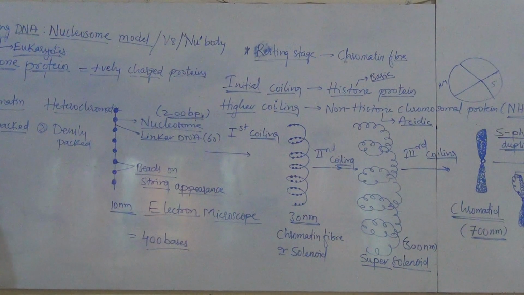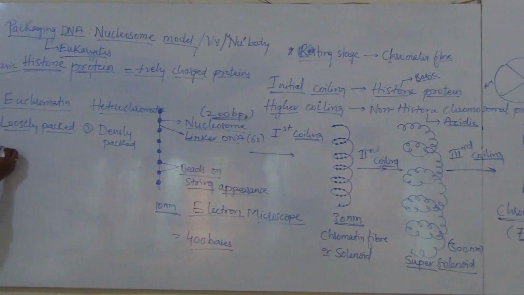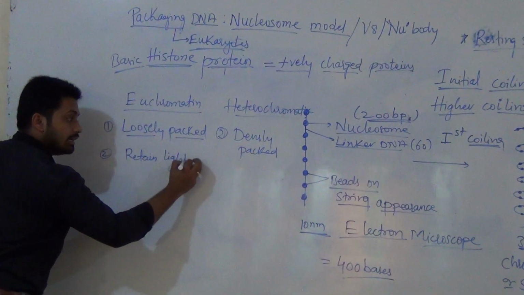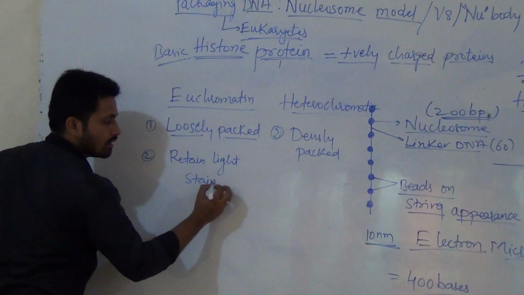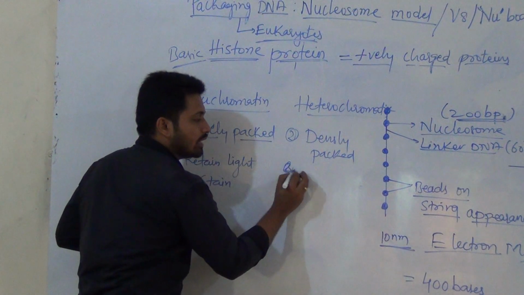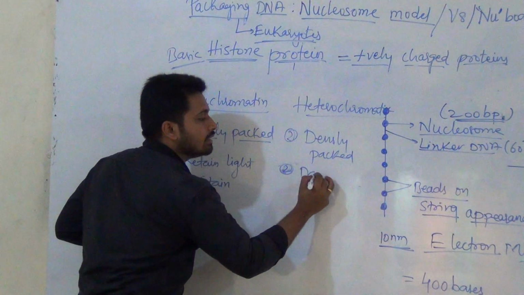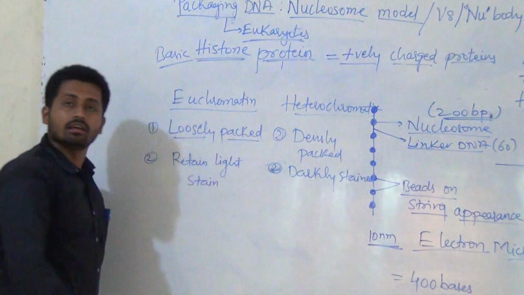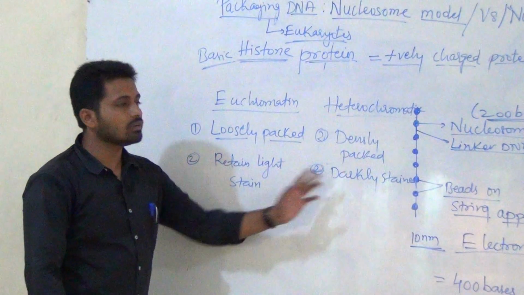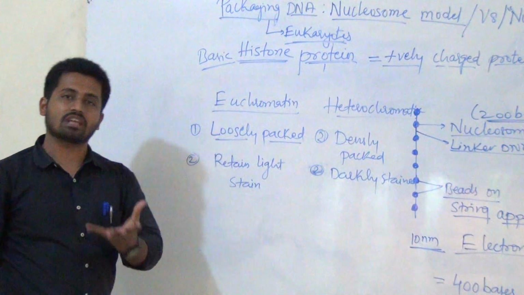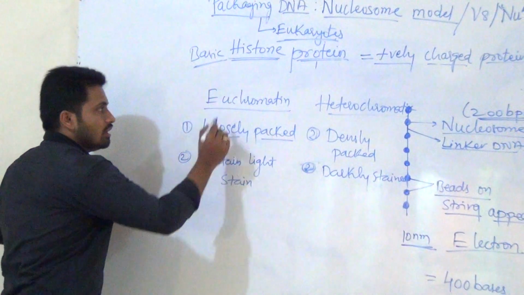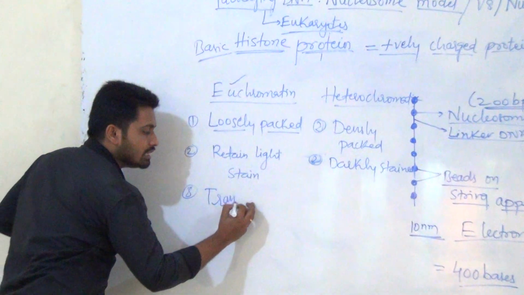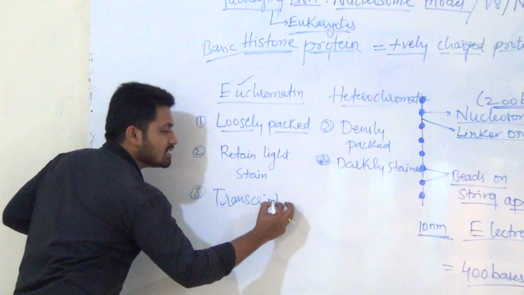Now, when you stain here, will it retain dark or light stain? It retains light stain. But when you stain this one, it will get darkly stained. Because thickening is there, it will appear dark because it retains more stain. Then third, since it is loosely coiled, it is transcriptionally active. What is transcription?